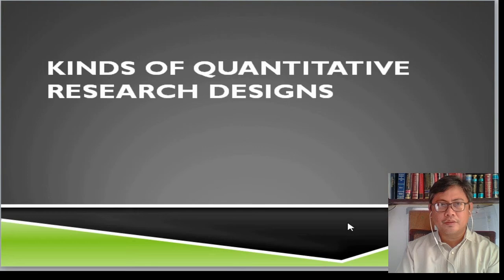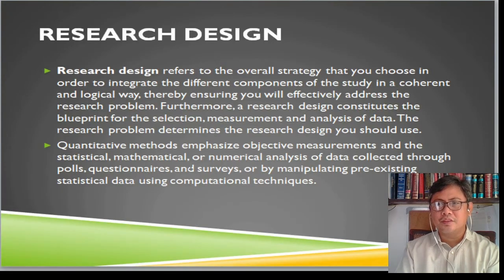All right, let's go to the different kinds of quantitative research design. So what is a research design? A research design refers to the overall strategy that you can choose in order to integrate the different components of the study in a coherent and logical way. So what are the components of your study? We have the introduction in chapter 1, the statement of the problem, background of the study.